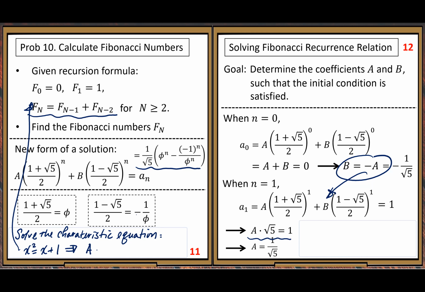Then you use a linear combination, a times x1 to the nth plus b times x2 to the nth, for your general solution. Then you determine a and b from the initial conditions. This is the standard way.